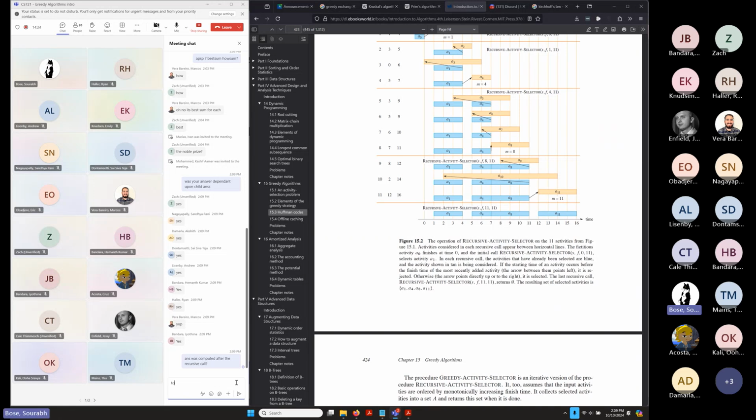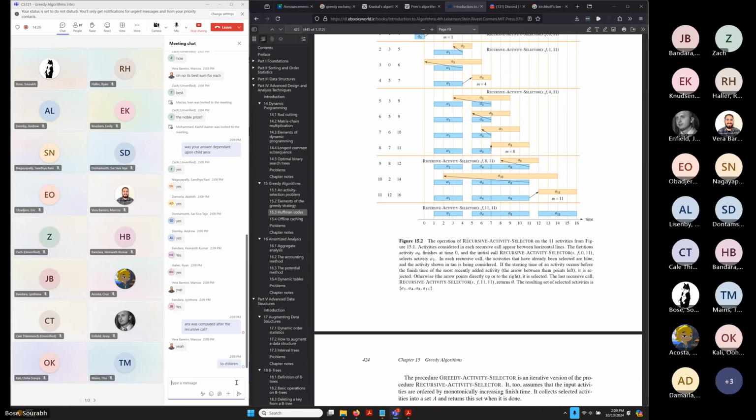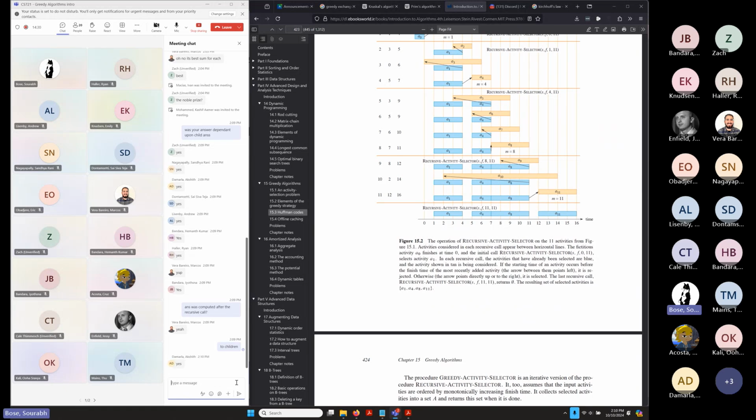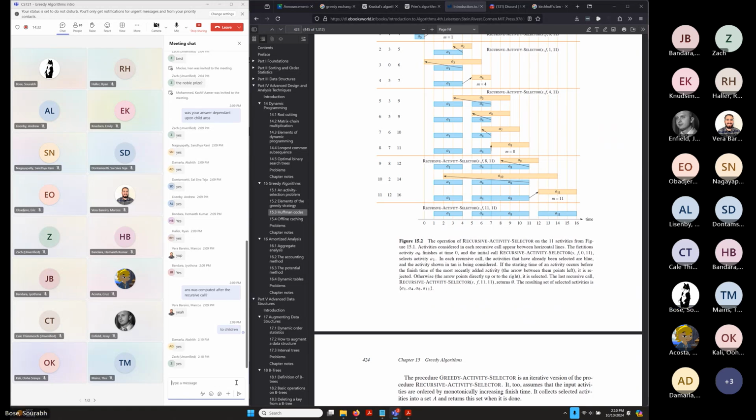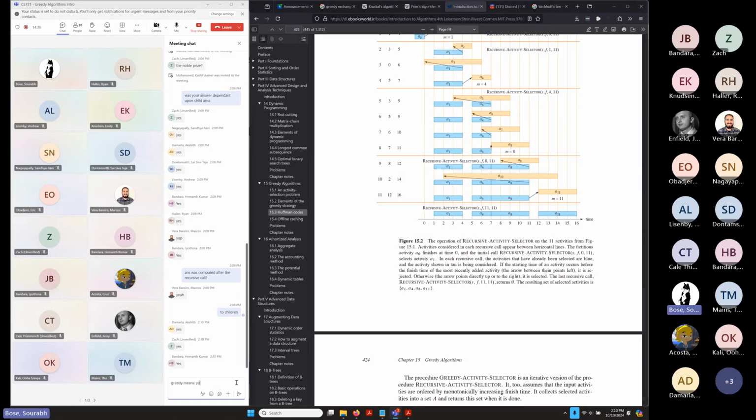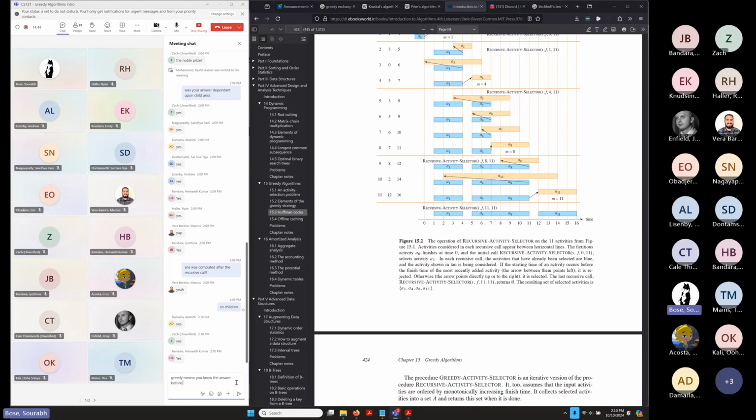After the recursive call to children, right? Cool. Greedy means you know the answer before the recursive call. You guys remember head recursion and tail recursion? So that you know the answer before you ask the children.